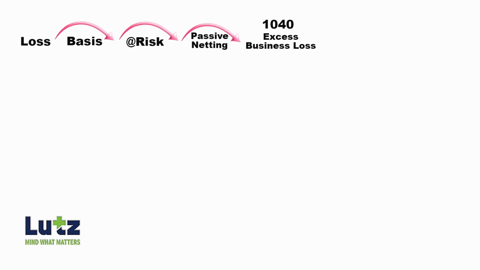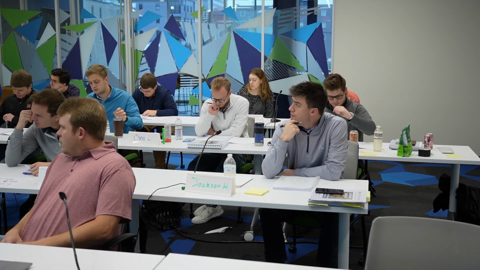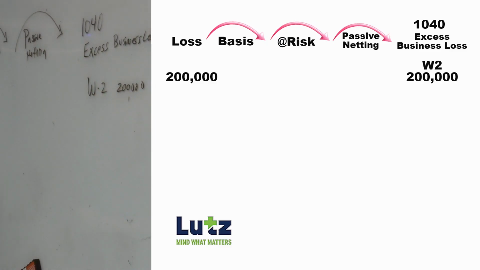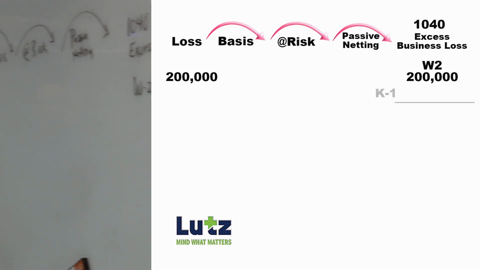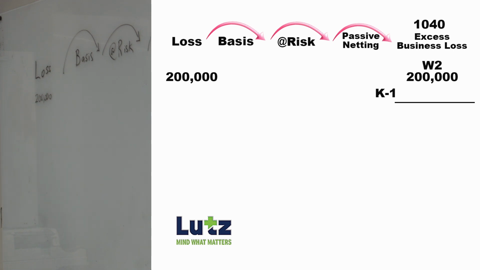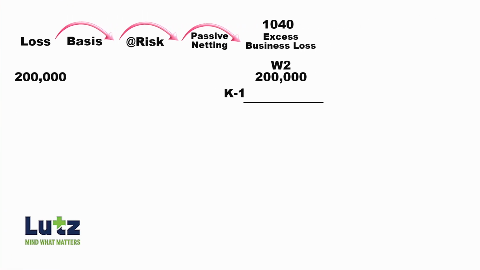Just to put a bow on it, if I have a W-2 of $200,000 and I have a loss from a K-1 of $200,000, because you're going to get a K-1, right? K-1 is something familiar to everybody in the room.